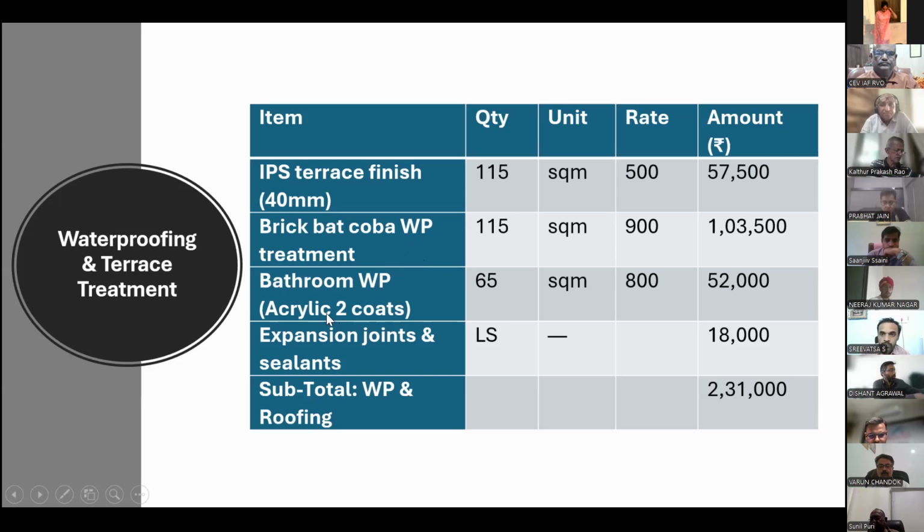Then in bathrooms for waterproofing, we are applying acrylic two coats, 65 square meter at the rate of 800. Then for expansion joints and sealants, etc., we are using 18,000 as a lump sum. So total comes out to be 2,31,000.